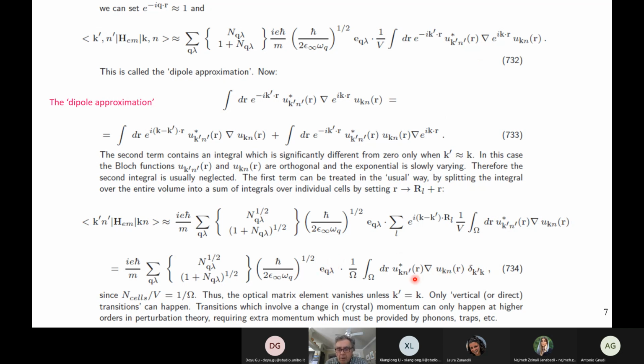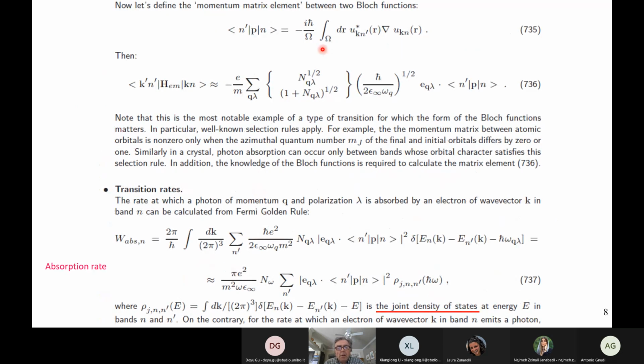Then we dot the momentum matrix element with the polarization of the photon, and here is the usual prefactor, which is coming from the amplitude of the electromagnetic field associated to a photon, which is given by these factors times the square root of this coefficient, and then we have the usual Einstein's coefficients. Of course, the matrix element will enter squared in our expression for the transition rates, and so we recover just the Einstein's coefficients. Good.